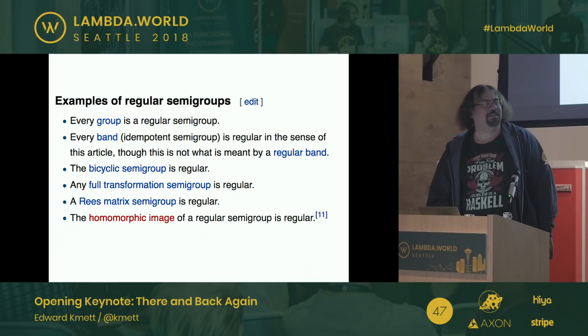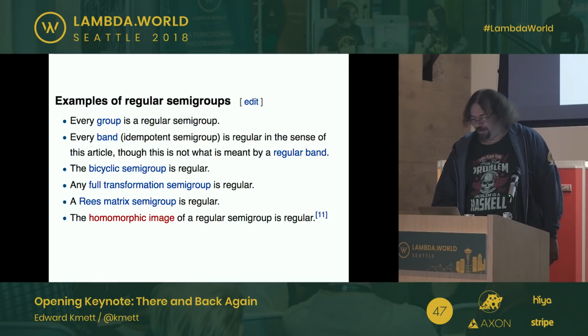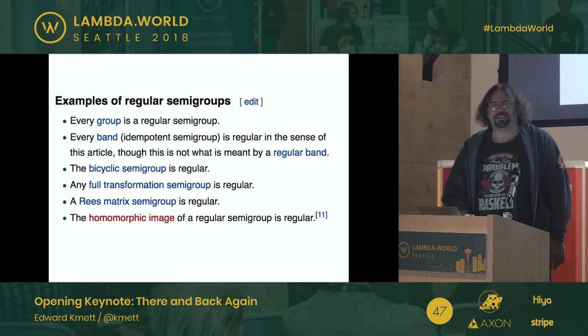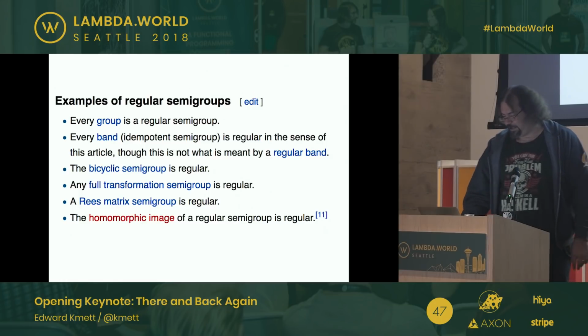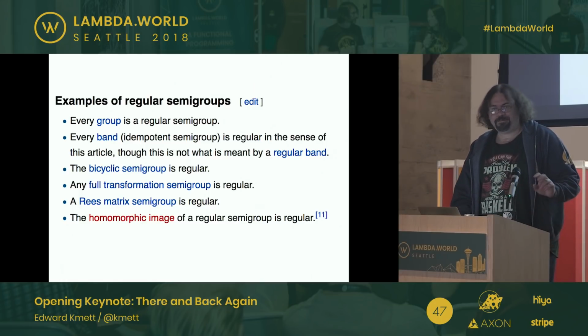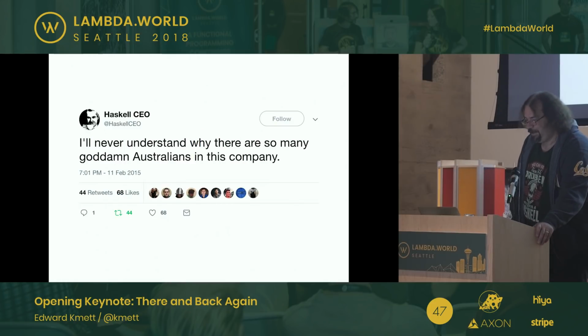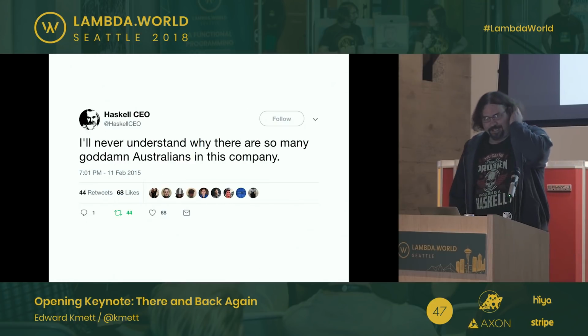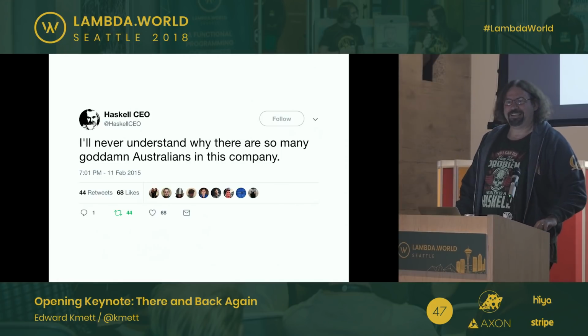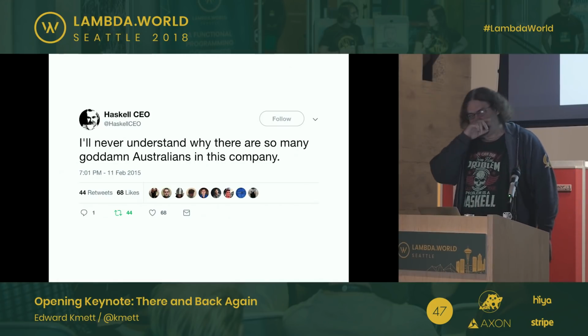But I'm going to try and find something a little closer to home. Well, maybe not exactly close to home. I go down to Australia fairly regularly, and there was a joke account active for a while, Haskell CEO, a couple years ago.